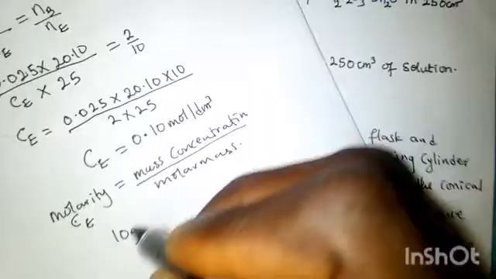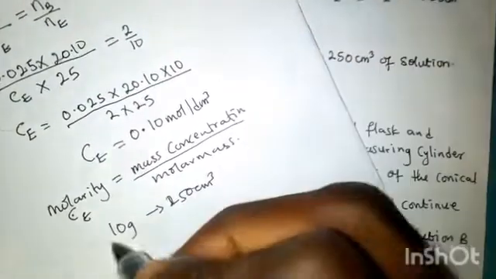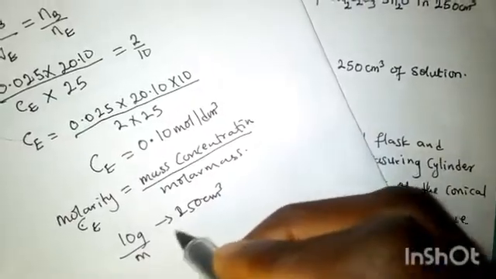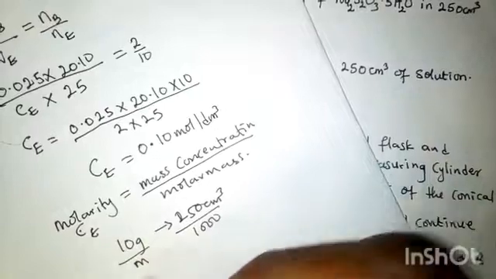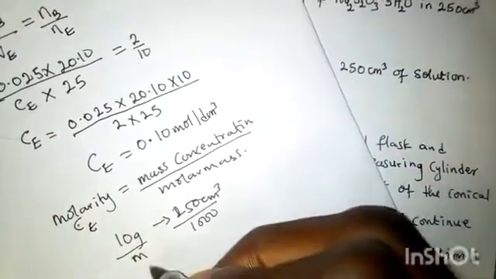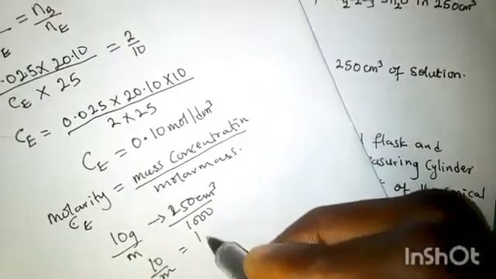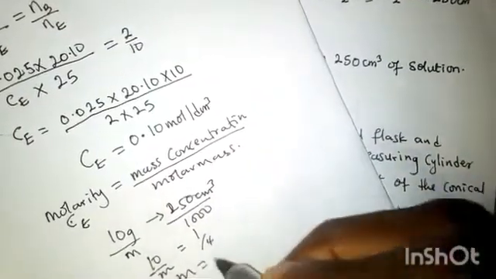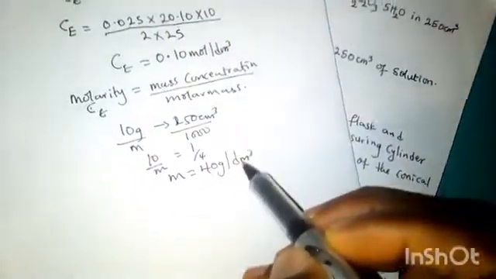So if 10 gram is present in 250, then M will be in 1000. So this is over 4, so 1 over 4. Then I'll have 10 over M equals 1 over 4. So M will definitely be 40 gram per dm cube. So there will be 40 gram in 1 dm cube for that particular salt. That 40 gram is the mass concentration.